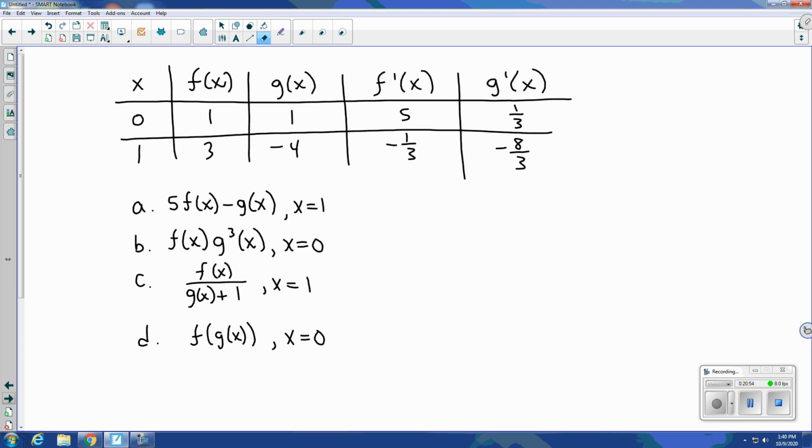Let's look at B. So B, we have product of f times g to the third, so we can reformat that if you want. So instead of this to the third, you could write it like this so you can see the composition. That's a product, so we're going to have to use product rule. So we're going to do left d right, we see the composition.